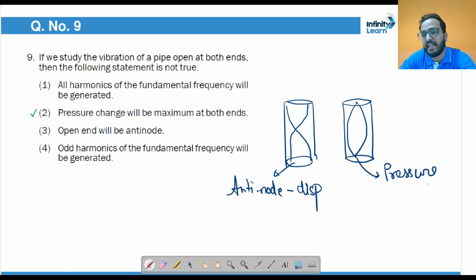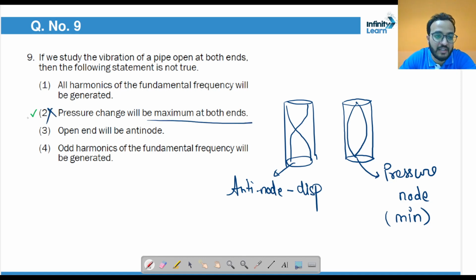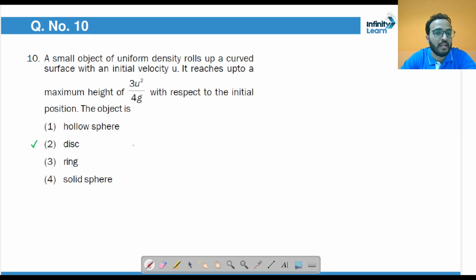So at the open ends, we get a pressure node. That means pressure change is minimum, not maximum. So pressure change will be maximum at both ends. Wrong. But this is the right statement. Why? Because we want the following statement which is not true. Got it?